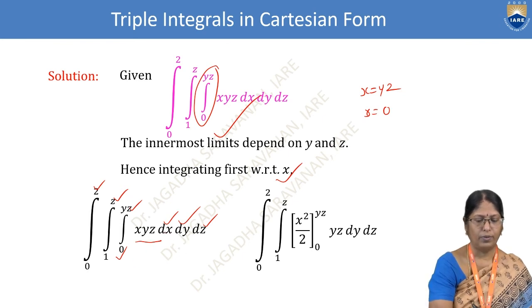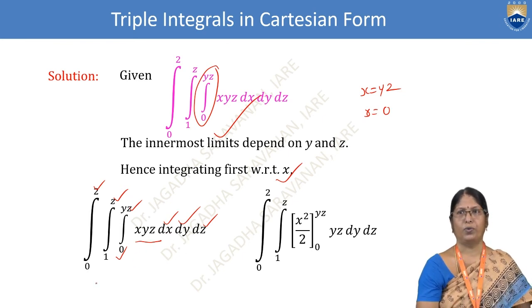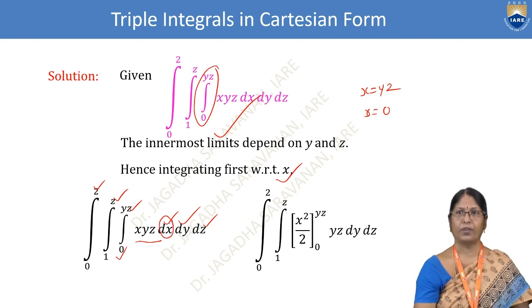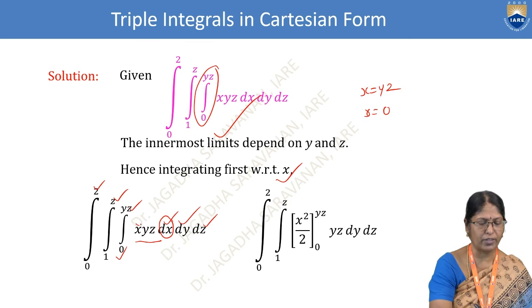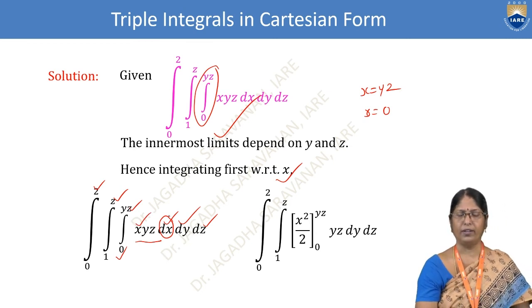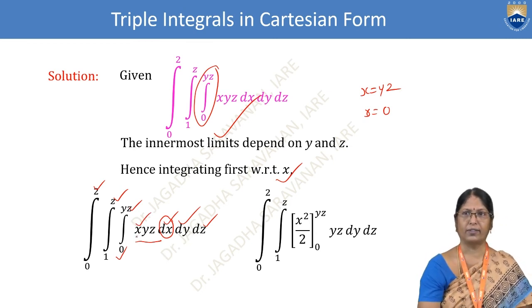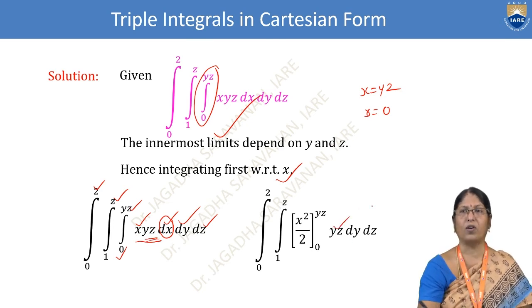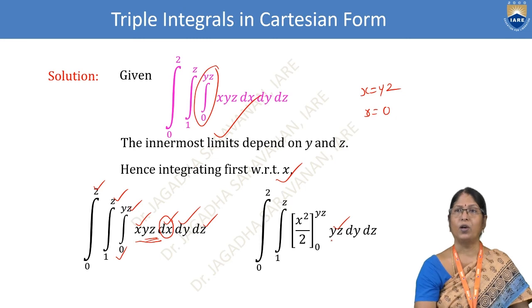Now the innermost we are going to do with respect to x. So with respect to x, there is only one term, that is only x. Other terms we are not going to touch. They are treated as constants. Just we rewrite y, z, dy, dz.